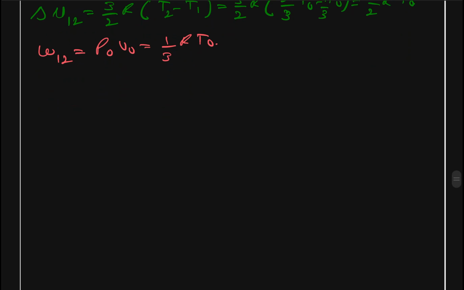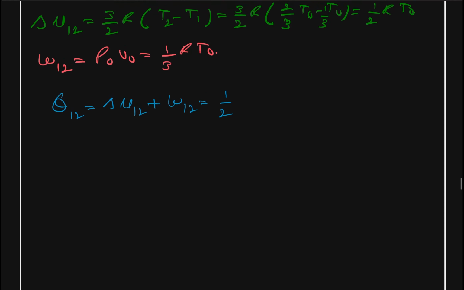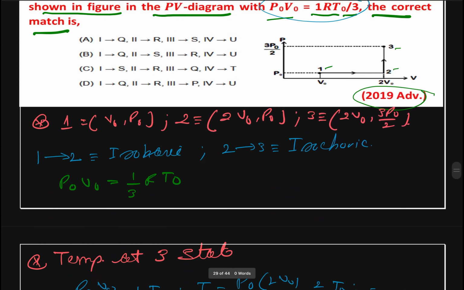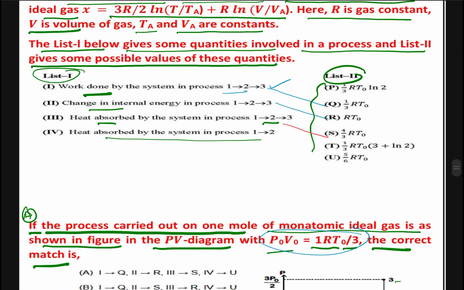Therefore, the heat absorbed in process 1 2 is equal to internal energy plus work done, which comes as 1 by 2 R T naught plus 1 by 3 R T naught, giving us 5 by 6 R T naught. So therefore, from here this fourth matches with U. 5 by 6, so fourth goes to U.